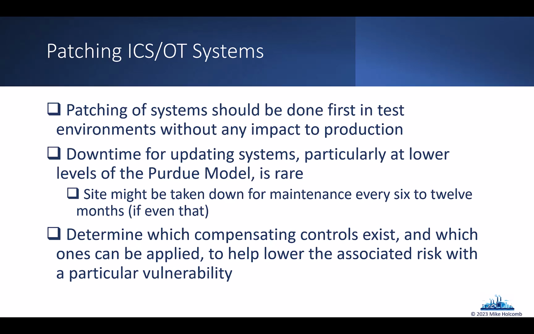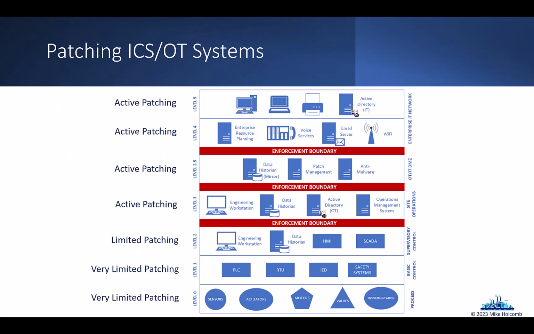So I do include patching here for two reasons. Especially in the IT world, most vulnerabilities, whether in IT or ICS, are addressed by upgrading the software, either installing a patch or upgrading to the latest and greatest version of that application. So we'll jump ahead to when we start talking about patching.